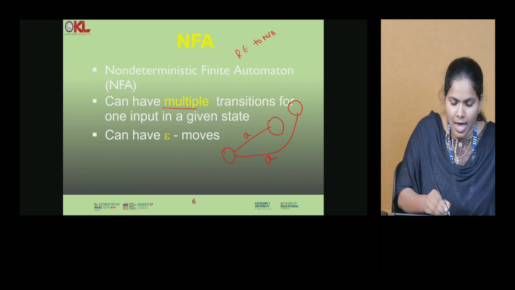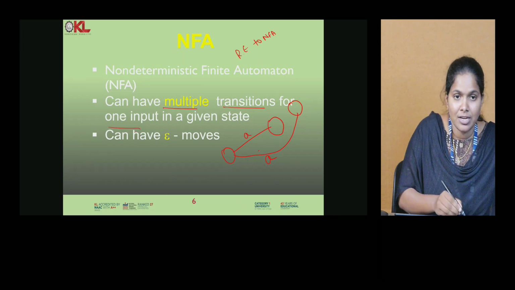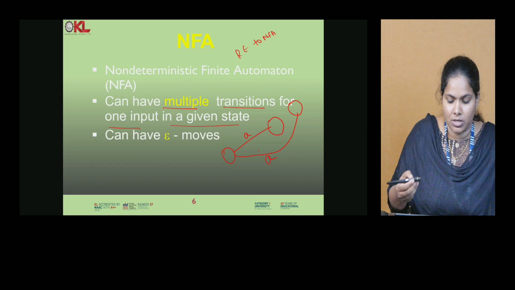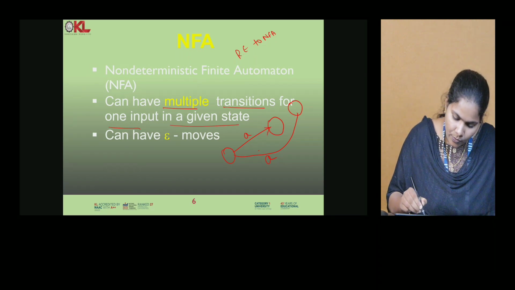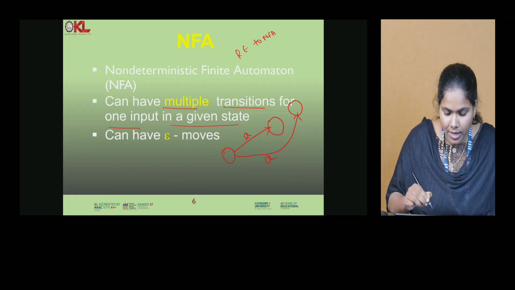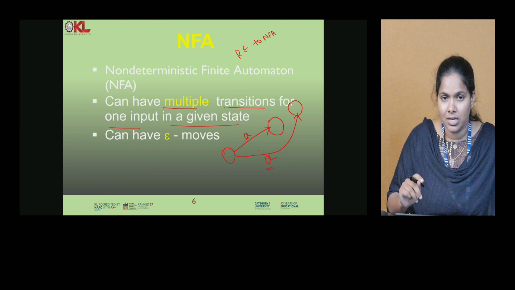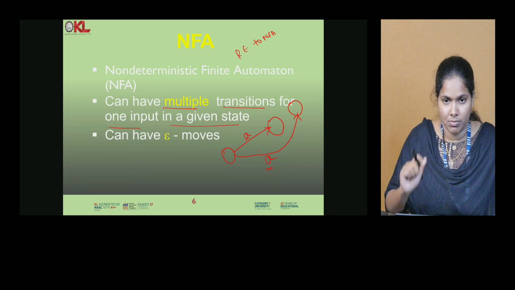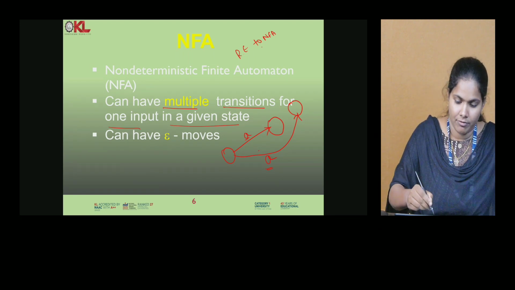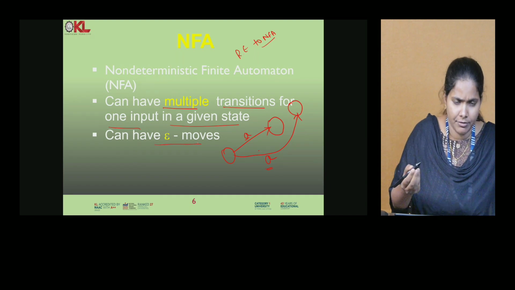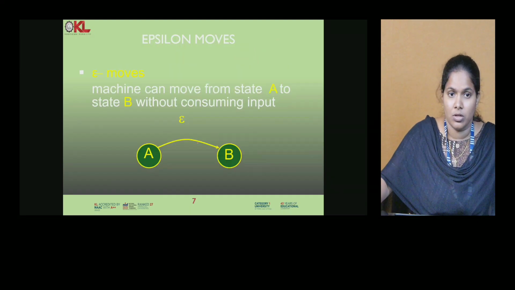You may have multiple transitions for one input symbol in a given state. Here I am having two transitions for the input symbol A, so this is an NFA. But in a DFA you have only one transition for one input symbol. That is the difference between NFA and DFA, and an NFA can include epsilon moves also. So we will see how to generate an NFA.